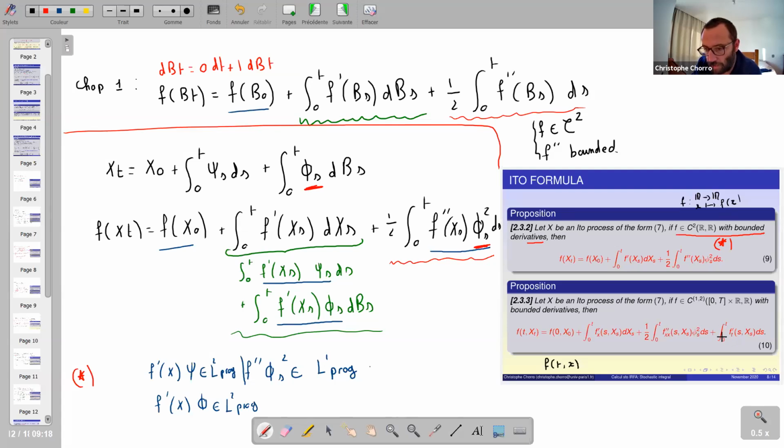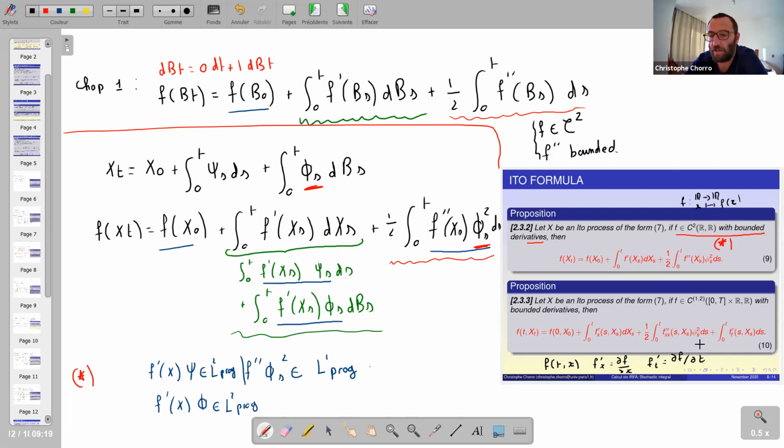So there is just an extra term here, and keep in mind that what I define as f prime of x is just the partial derivative of f with respect to x. Here you have the second partial derivative, and what I define as f prime of t is the partial derivative of f with respect to time. And why do I have this formula?